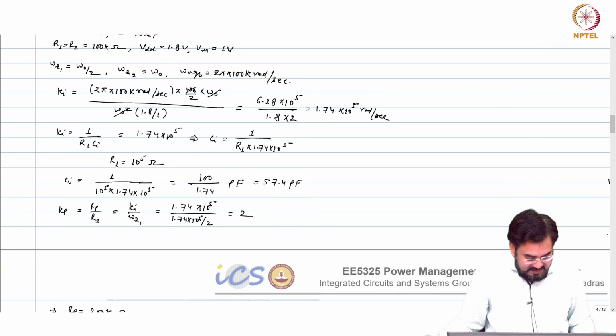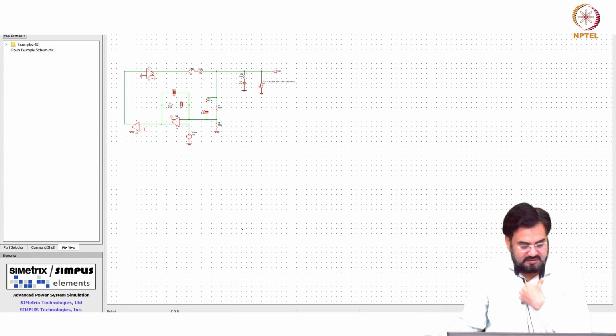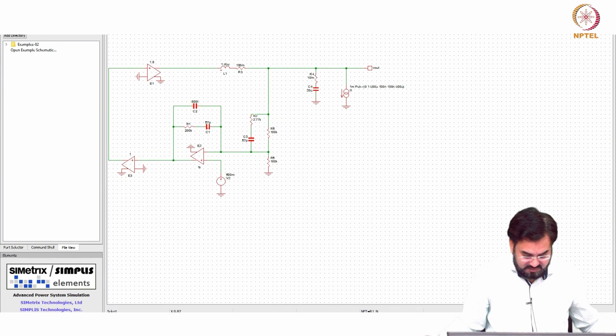So let us see the same thing with switching. Okay. So what I did, I closed the loop. It's 57.4 and 57 is same. Let me remove these two.